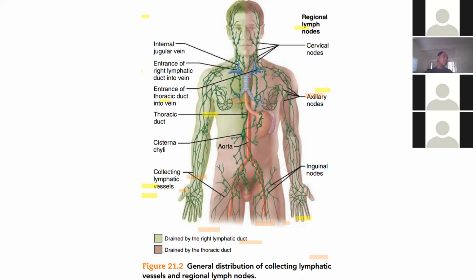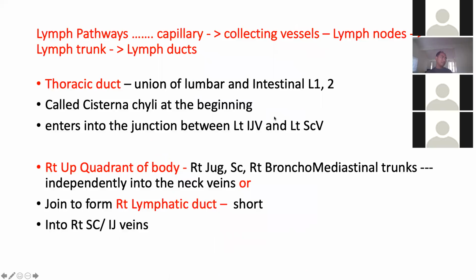And as you can see, the right head and neck, right thorax, right upper limb have one way, and the rest of the body has a different way. Then all these lymphatic trunks will finally combine together to become lymphatic duct. That is one lymphatic duct we need to remember at any time, even in the middle of the night.